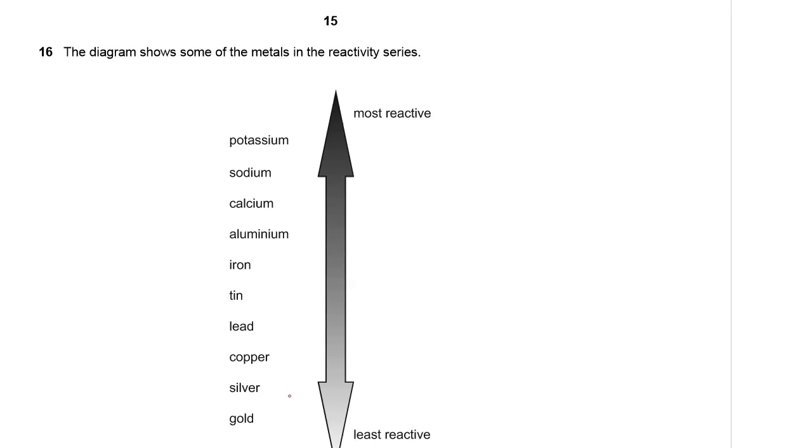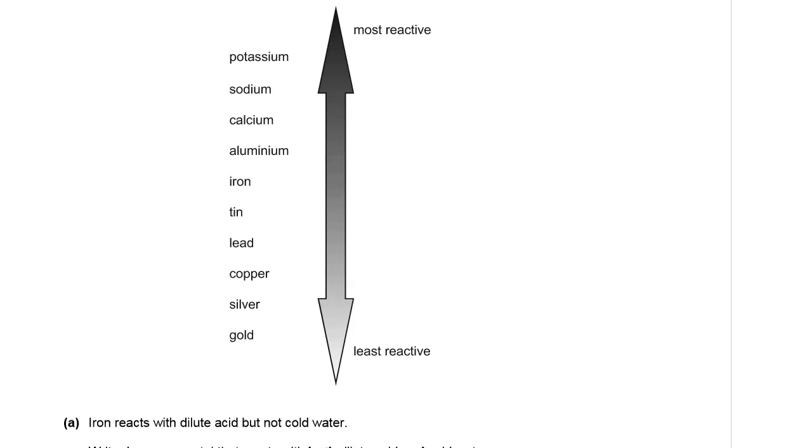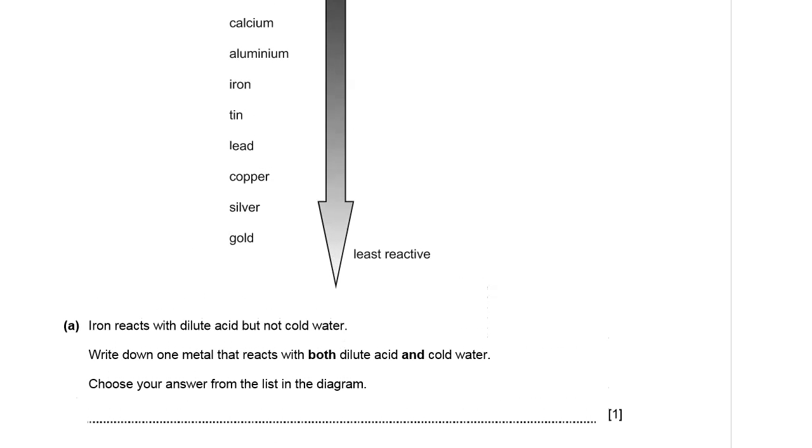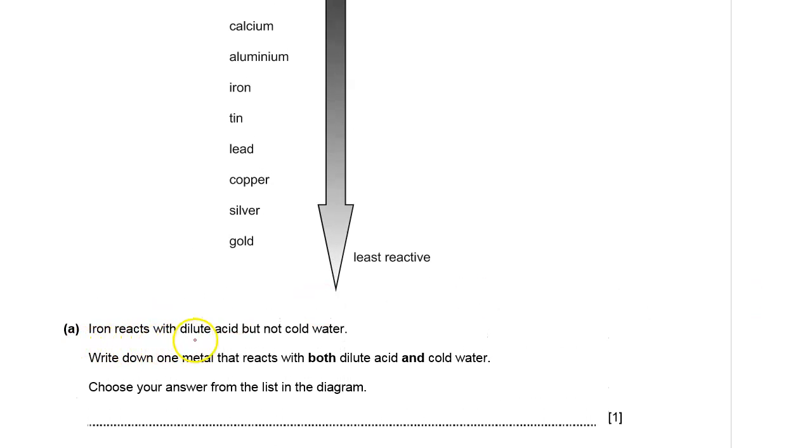Question 16. The diagram shows some metals in a reactivity series. Right, potassium is the most reactive. Gold is the least reactive. As you can see right there. We're told that iron reacts with dilute acid, but not cold water. Write down one metal that reacts with both dilute acid and cold water.